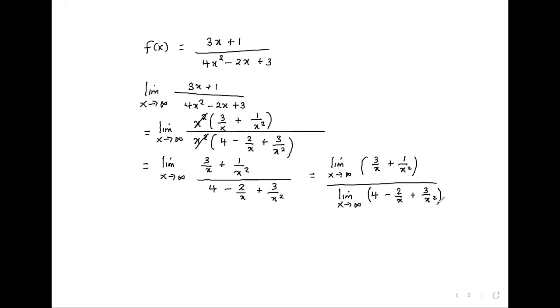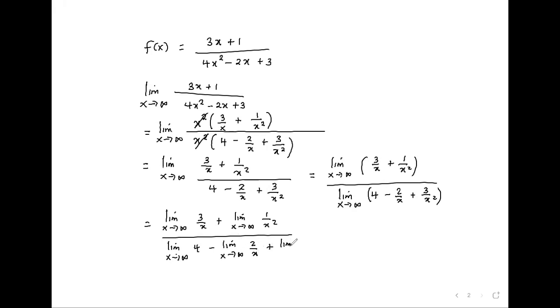What else does it do? It actually separates those. The limit as x goes to infinity of 3 over x plus the limit as x goes to infinity of 1 over x squared over the limit as x goes to infinity of 4 minus the limit as x goes to infinity of 2 over x plus the limit as x goes to infinity of 3 over x squared.